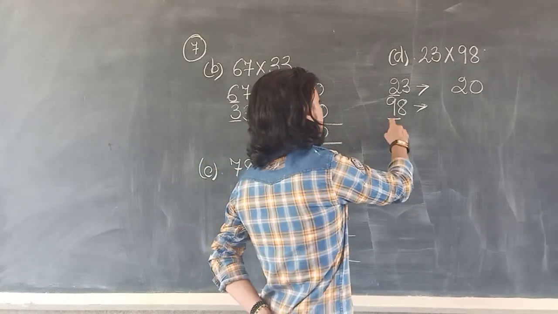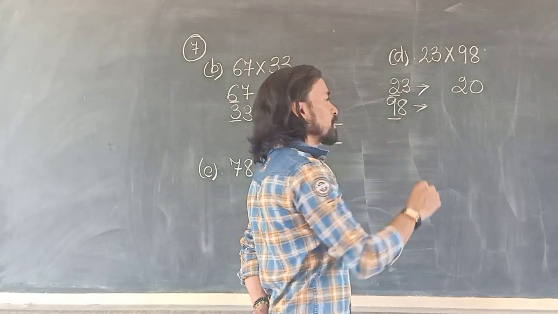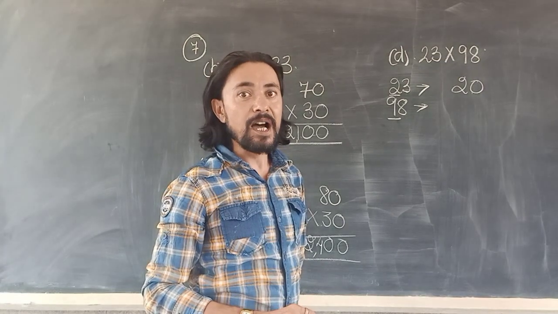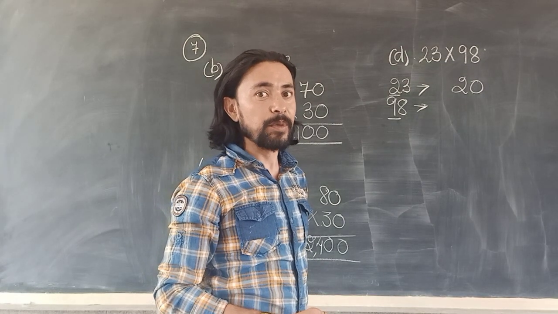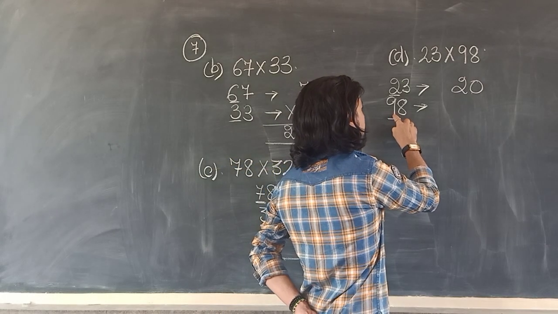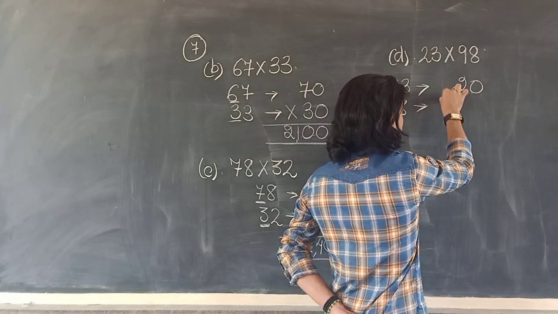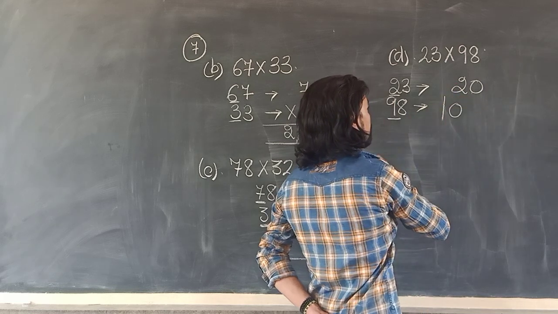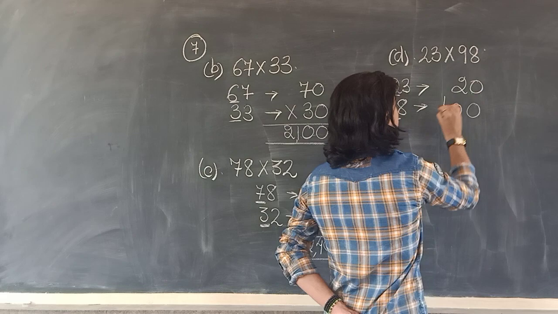Now because this 9 becomes 10 and this 8 becomes 0, what would the number be? The number would be 100, because I am changing this 9 to 10. So in the hundreds place value I put 1, 0 and then another 0.